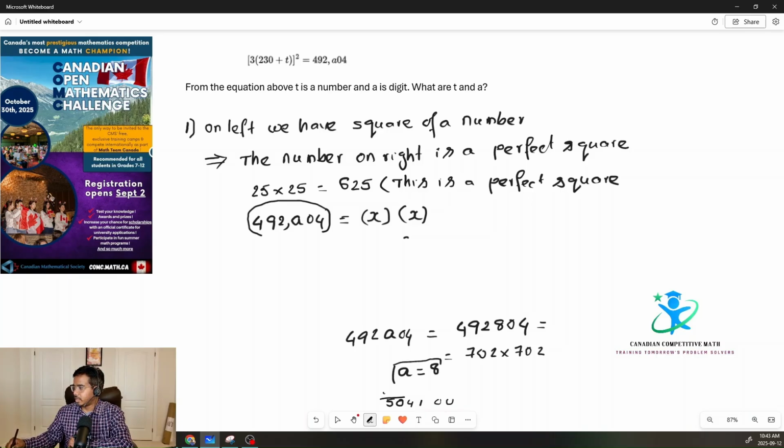We know that A equals 8. So we established what A is, right?